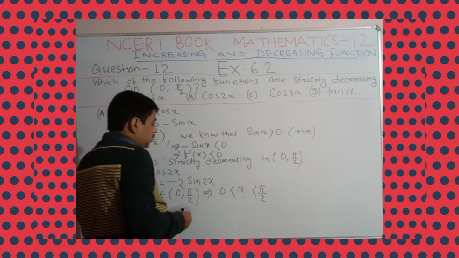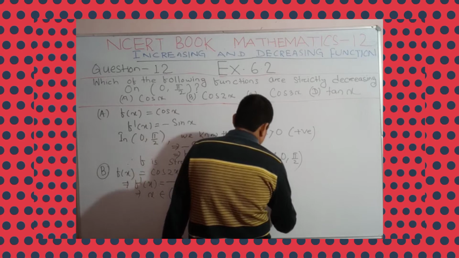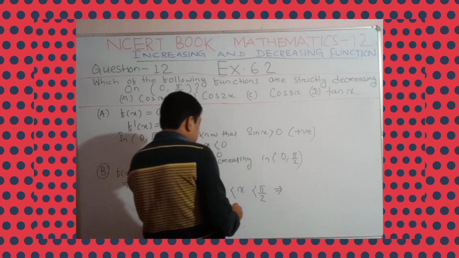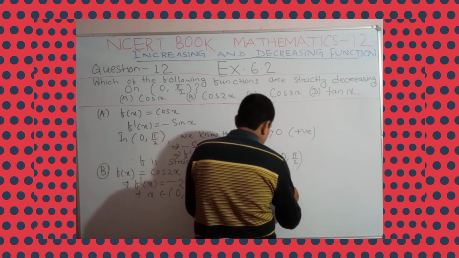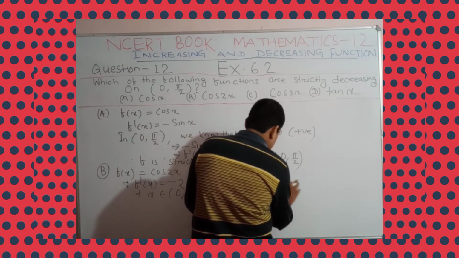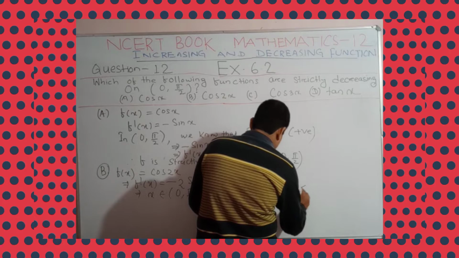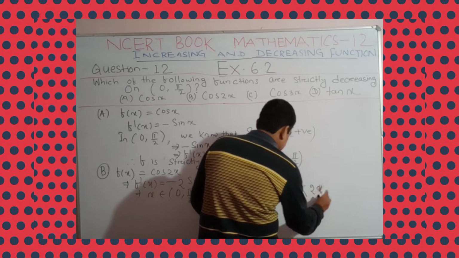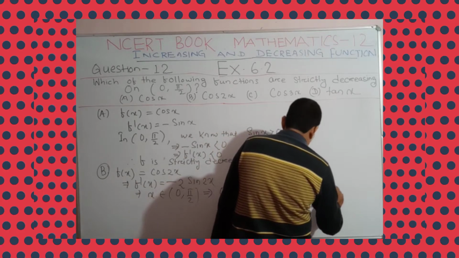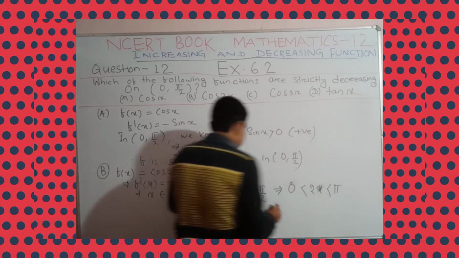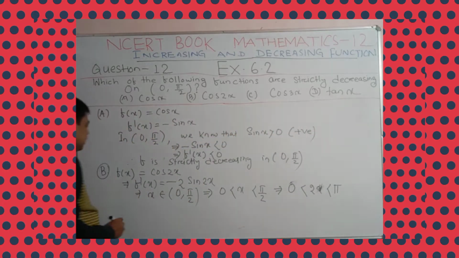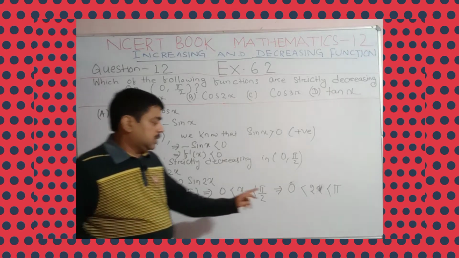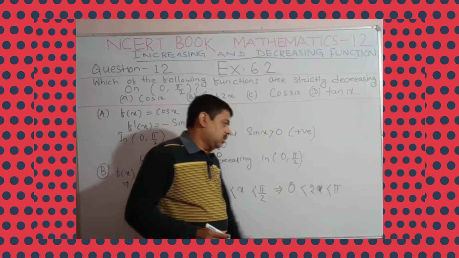Here the angle is 2x. Let us multiply both sides of the inequality by 2. So 0 is less than 2x, which is less than 2 into pi by 2, that is pi. It means when x lies between 0 and pi by 2, then 2x lies between 0 and pi.